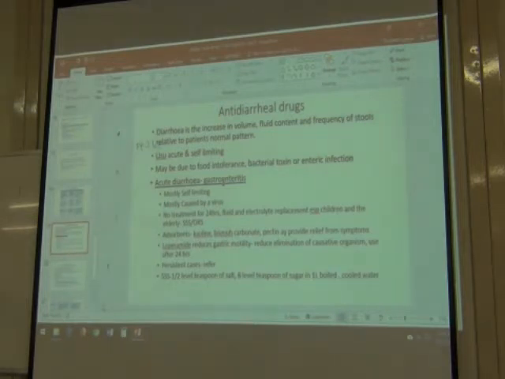You can drink water to replace the fluid, but you need to replace the electrolytes that are being lost, because the body passes out electrolytes with the fluid. The patient needs to be aware that they need to replace the electrolytes. That is the important thing about diarrhea, especially when it comes to children and the elderly. Children and the elderly get dehydrated very quickly.